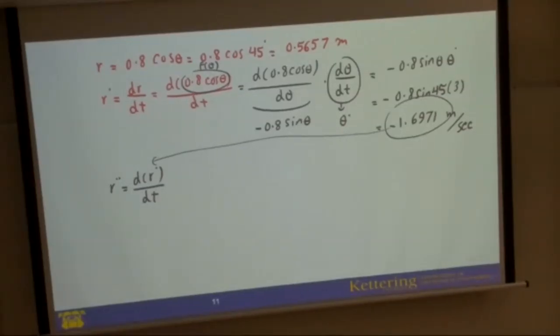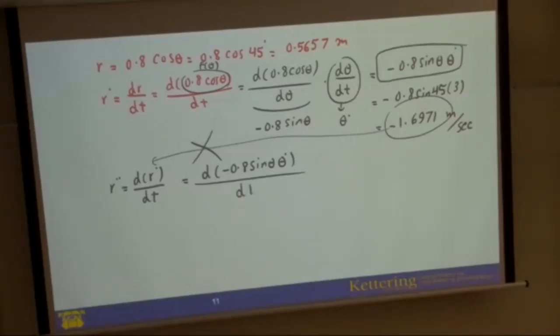You need to take the derivative of the expression, not the final value. It's a common mistake. You have to find the derivative of this expression, minus 0.8 sine theta, theta dot, with respect to time.